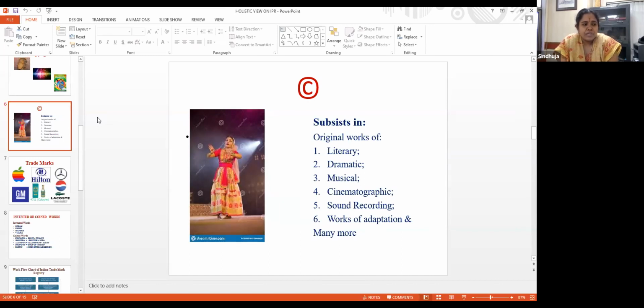So these are some of the issues, because copyright mainly involves two main things, that is moral rights and economic rights. Economic rights we can understand: he would be getting a royalty, a financial benefit out of it, which is called the economic benefit. And especially in copyright, there is a component attached to it called moral rights.